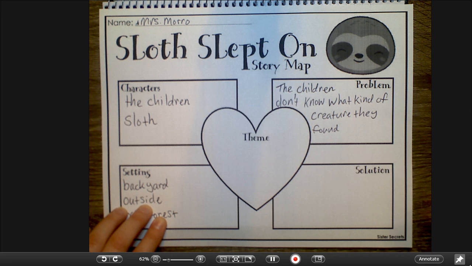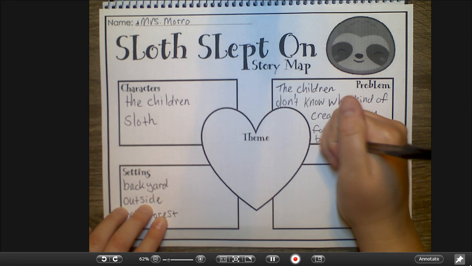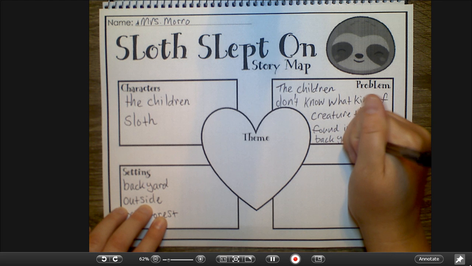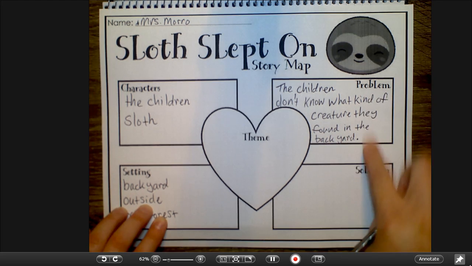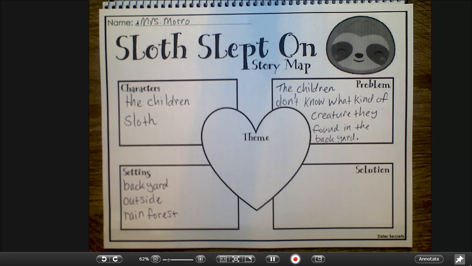They found where? In the backyard. We're going to punch that period at the end because this is a full, complete sentence.